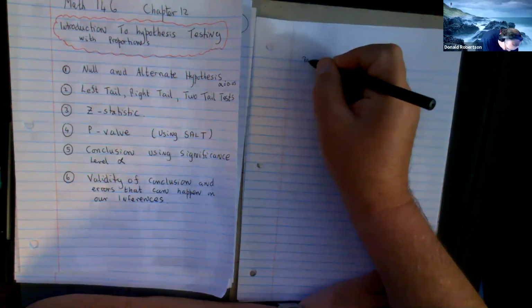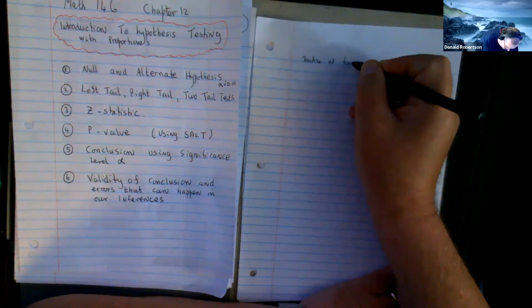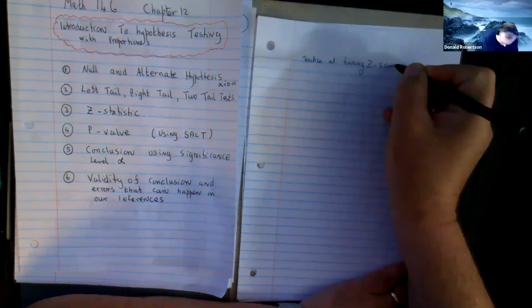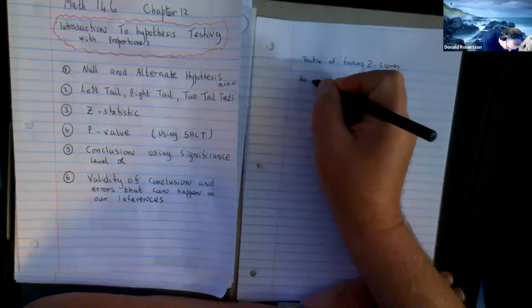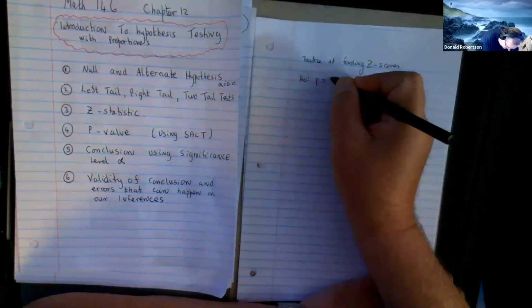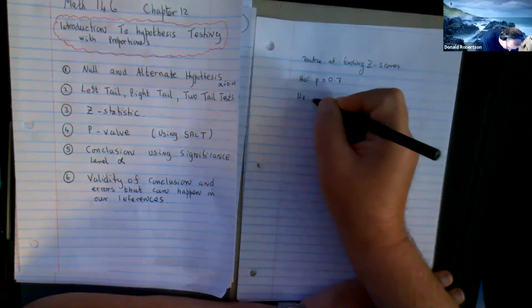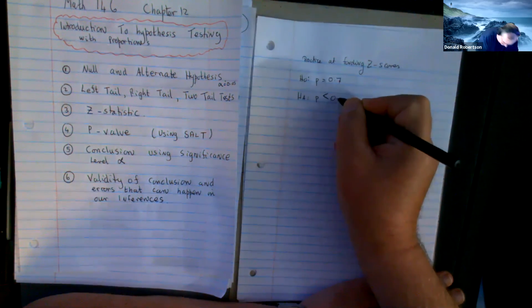So let's get practice at finding Z-scores. So I have a hypothesis that says P is 0.7, and I have an alternate hypothesis that P is, well, let's do a less than 0.7.